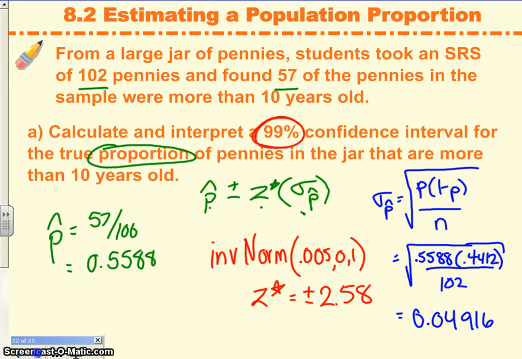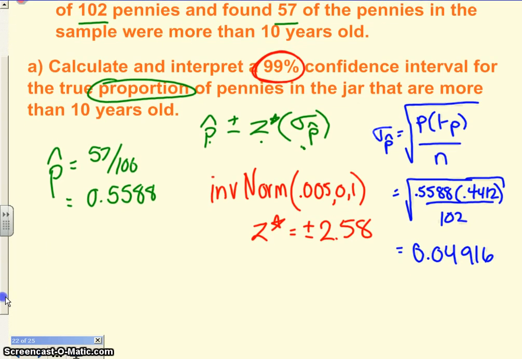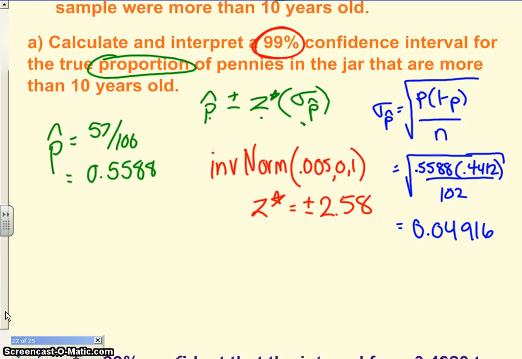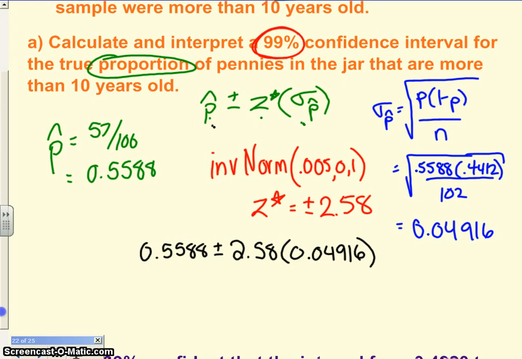Let's put together our interval. So my interval is my p hat, 0.5588, plus or minus my critical value, 2.58, times my standard deviation. Simplify by multiplying my critical value times my standard deviation to get my margin of error.